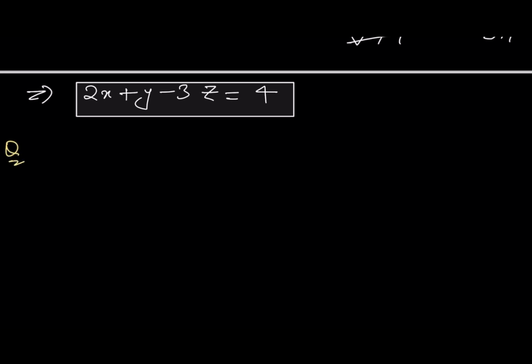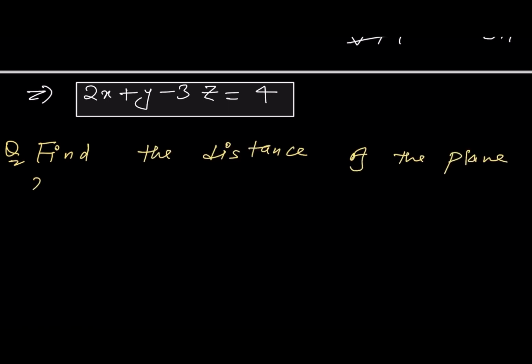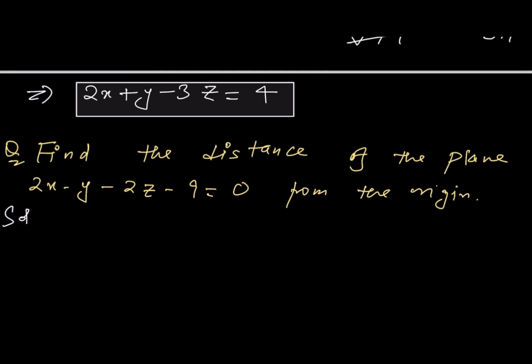Okay, now let us take another question. Find the distance of the plane 2x minus y minus 2z minus 9 is equal to 0 from the origin. So students, we can clearly see in this equation the coefficients of x, y, z are not direction cosines, right?